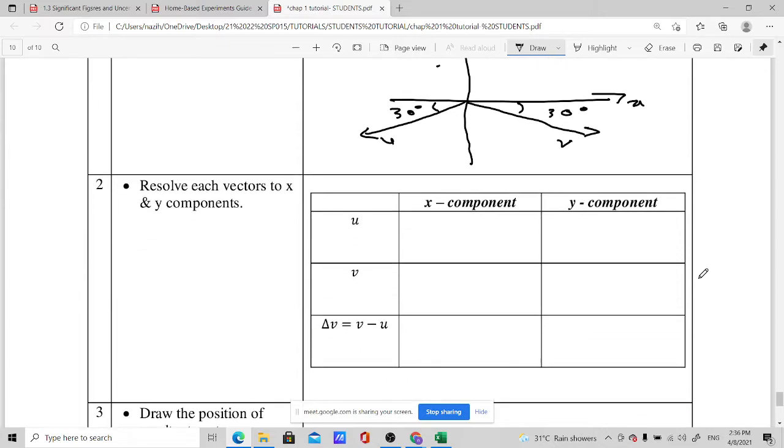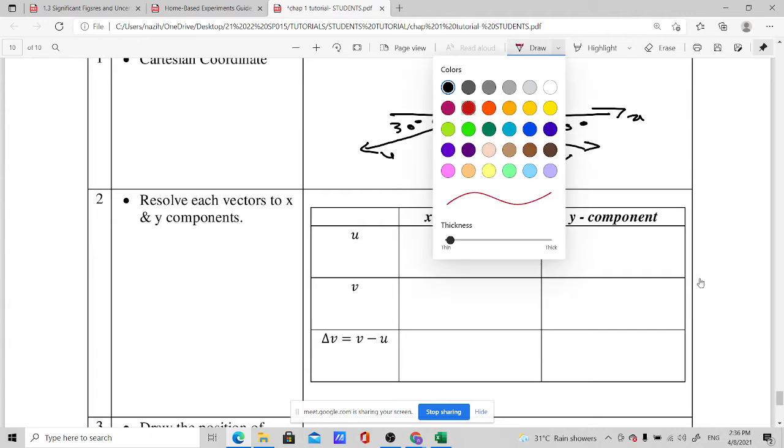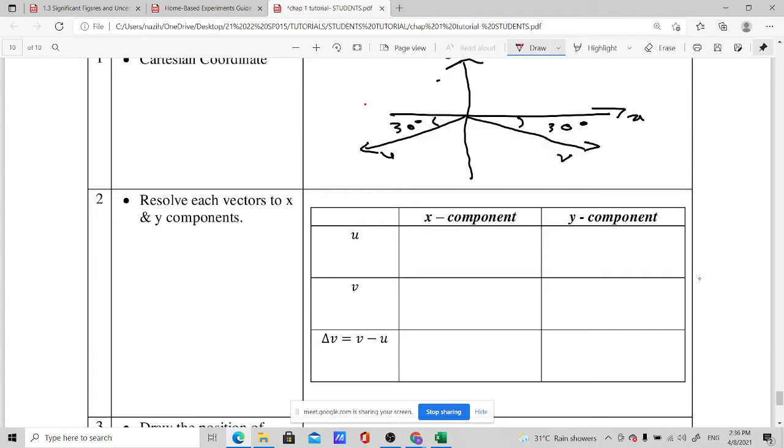If we are going to resolve u into its components, let's draw the resolving vector. It can be resolved into y component and x component. So this is my ux and this is my uy.